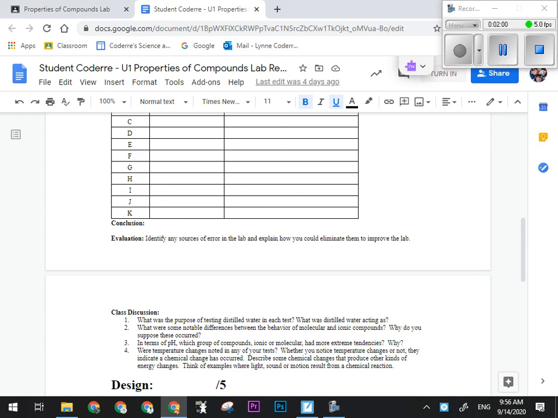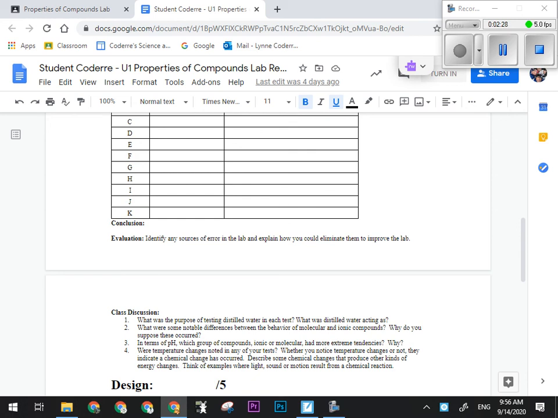Can you accept or reject your hypothesis based on what you were able to do here? Were you able to figure out an identity for everything? If everything did have unique physical properties, and you didn't have any two of your unknowns that were alike, then you can accept your hypothesis. And I don't think anybody would have had two things with exactly the same set of observations.